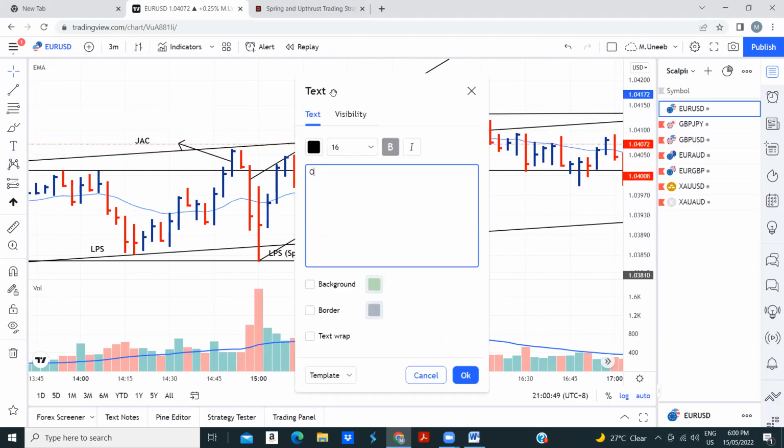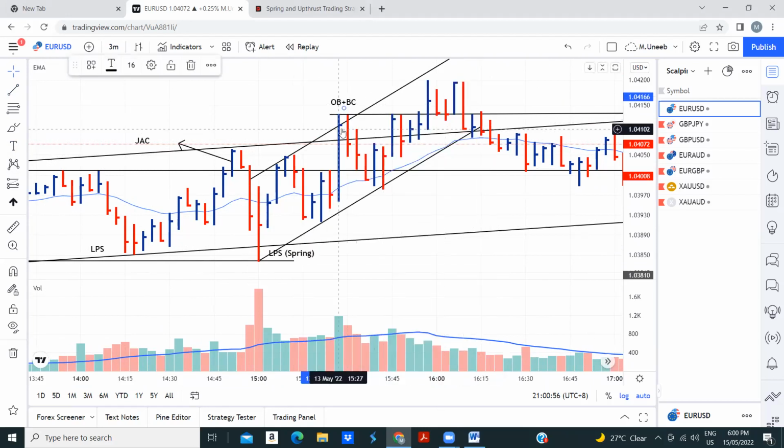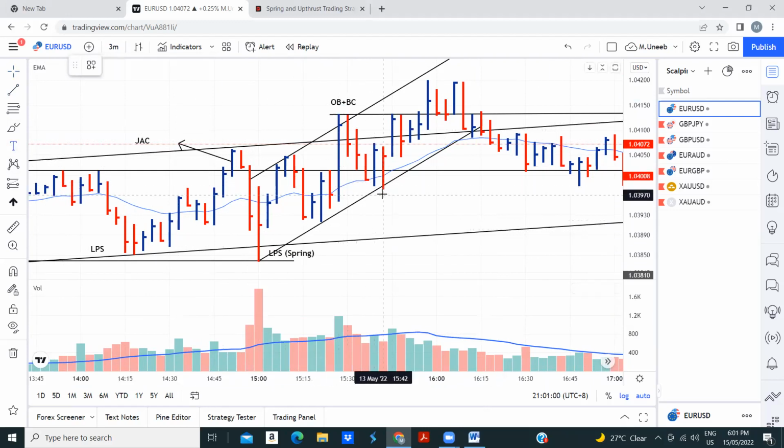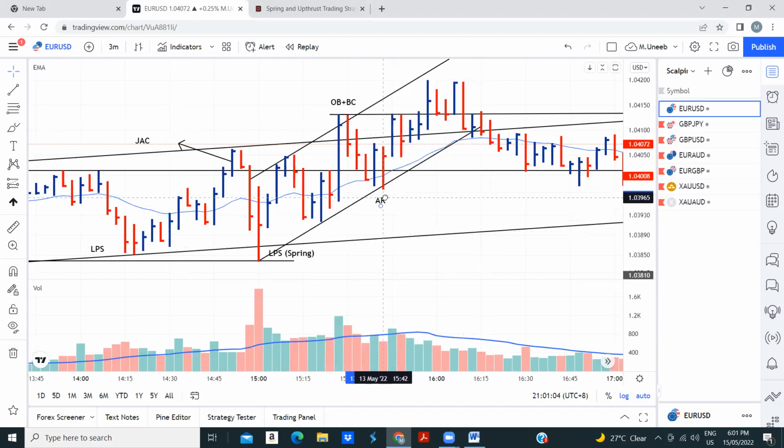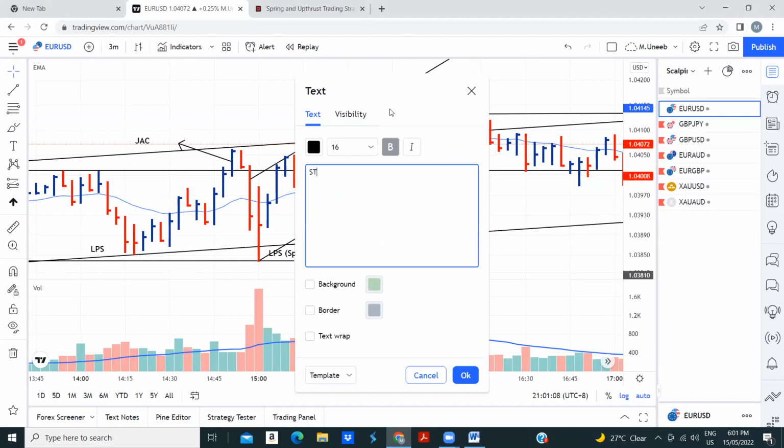Okay. So this is what? Now tell me. Overbought plus buying climax. Am I right? Yeah. Right. And very huge volume, you can see. This is what? Tell me. Automatic reaction. Okay. This is what? Secondary test. Okay.